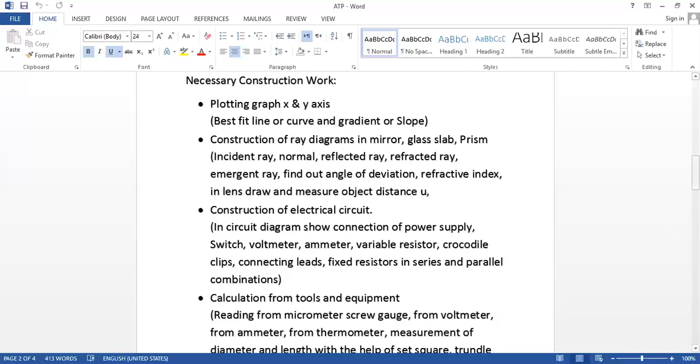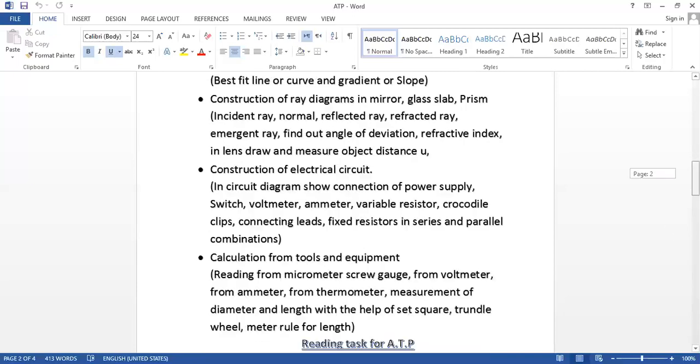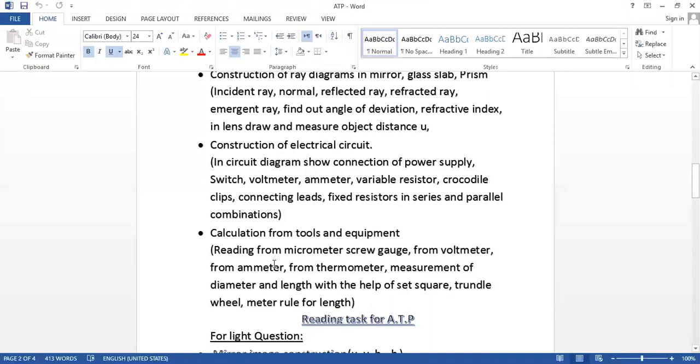Next, about tools and equipments. Reading from micrometer, how you will calculate micrometer, and you can also learn vernier caliper. Vernier caliper and micrometer measurements you must know. And voltmeter, how to measure voltage from voltmeter, how to measure current from ammeter, and apply the formula, how you will apply Ohm's law.